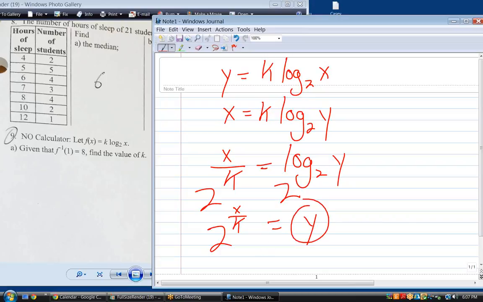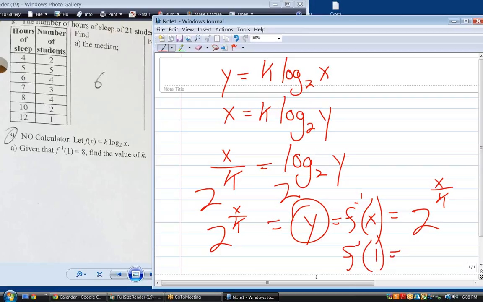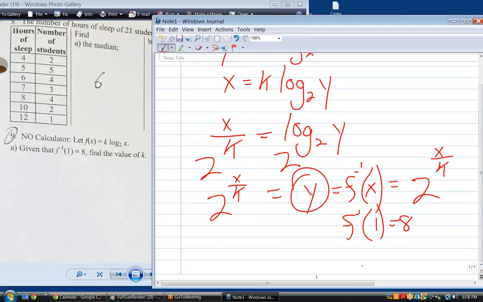Okay, so I've got y equals 2 to the x over k. And this y is f inverse of x. So if that's equal to 2 to the x over k, and they're saying that f inverse of 1 equals 8, so 8 equals 2 to the 1 over k. Yes. 8 equals 2 to the 1 over k.